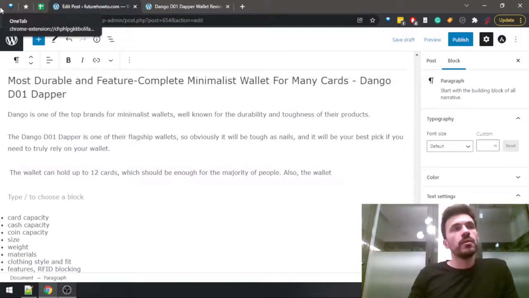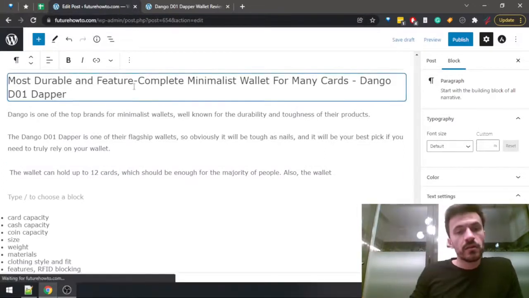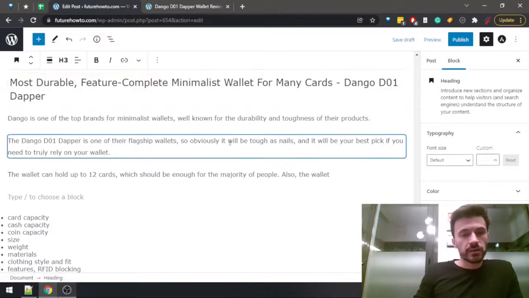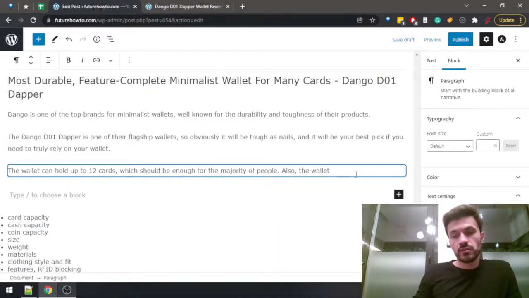Maybe we can. Now I'm thinking most durable, feature complete. We cannot cram this in here. I think it's going to be too much.